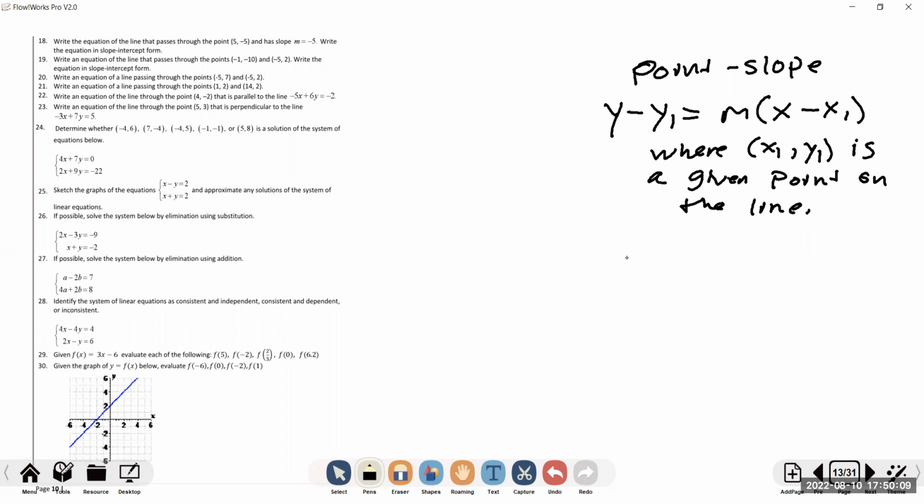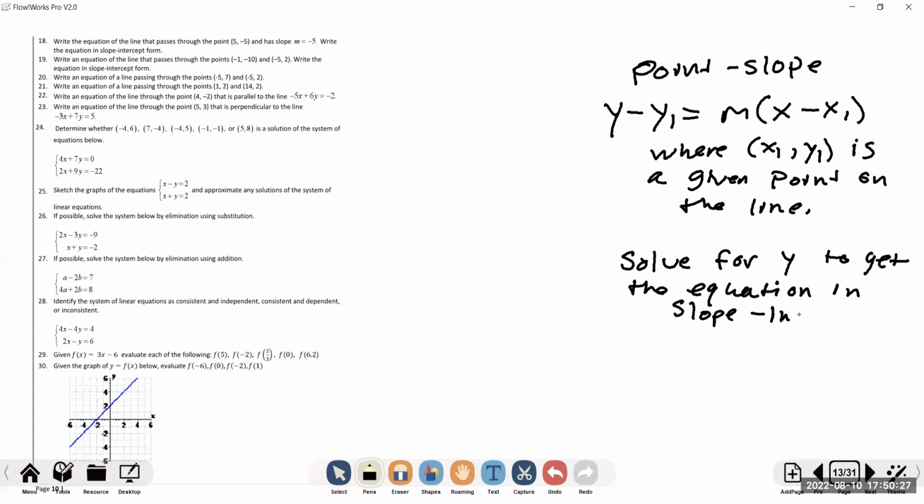And then we want to solve this for y to get the equation in slope-intercept form. Remember what slope-intercept form is: y equals mx plus b. So that's our objective for the next several problems.